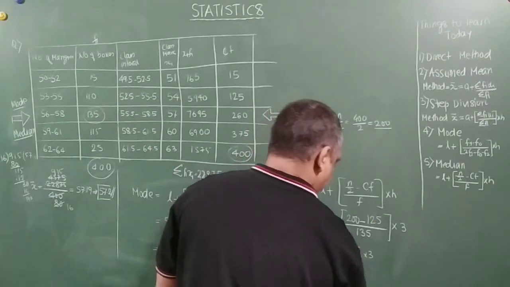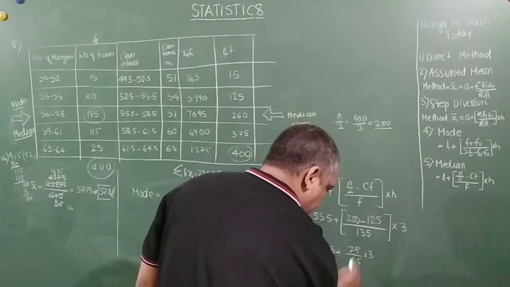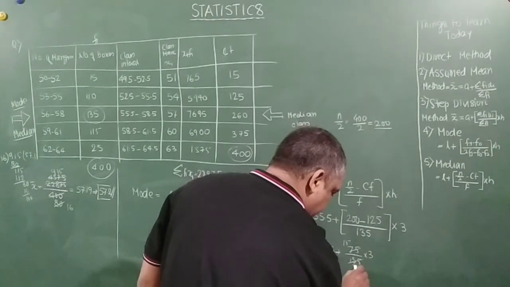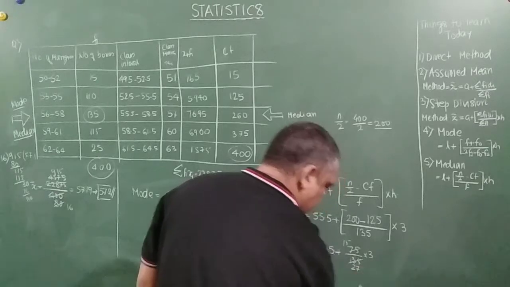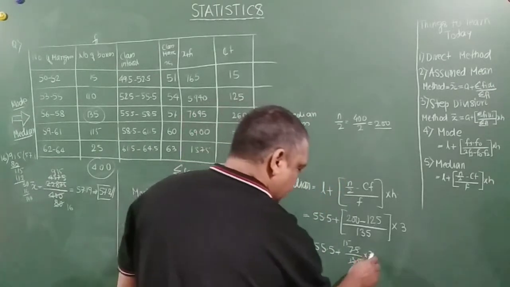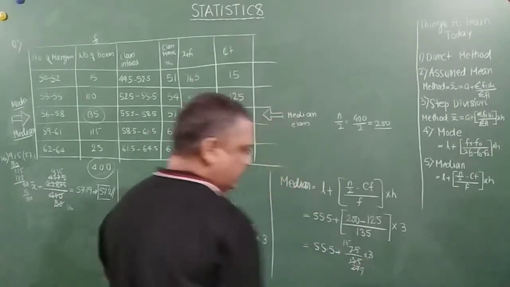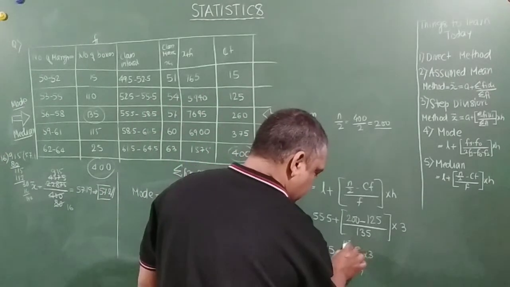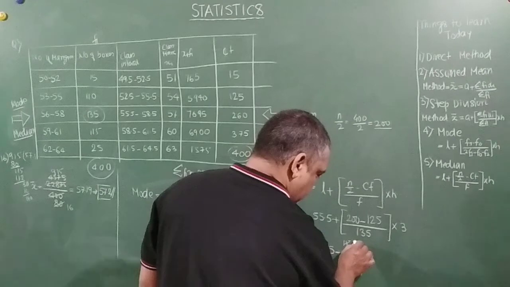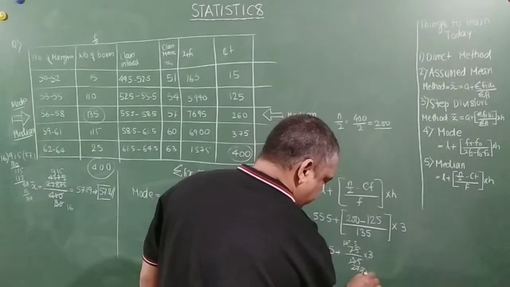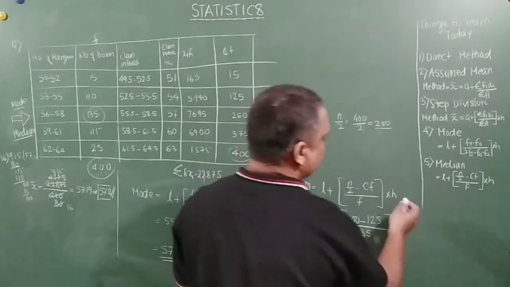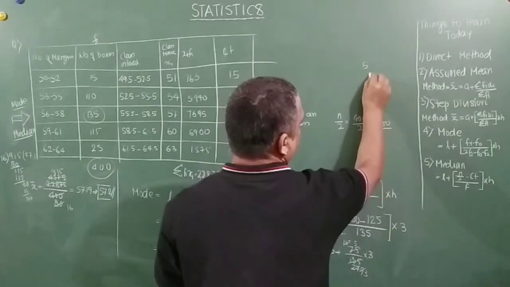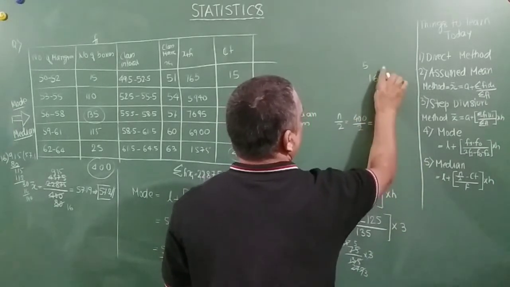So we can cancel it here. 15, 27, 9, okay? So 15 by 9, which is equal to 5 by 3. We did it just now, no? 1.66 or 1.67.